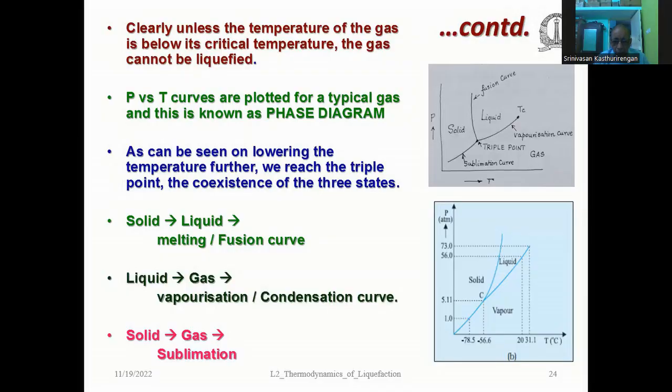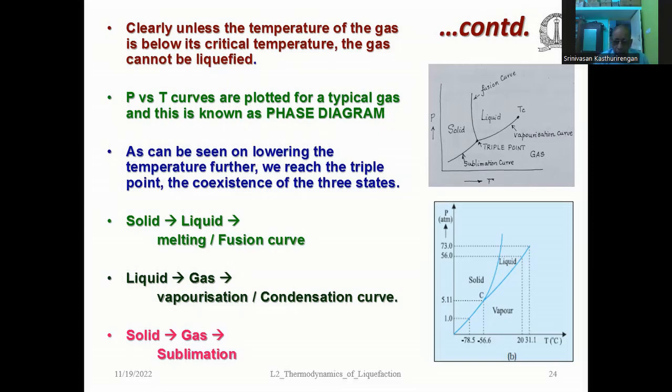Now, the diagram which indicates the pressure versus temperature for a typical gas is known as the phase diagram. In the phase diagram, you will very clearly see the states of the substance, namely the solid, liquid, and gas. Solid to liquid will be the fusion curve, liquid to vapor will be the vaporization curve, and solid to gas will be the sublimation curve.